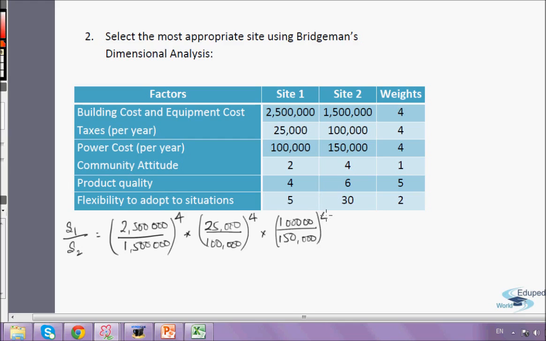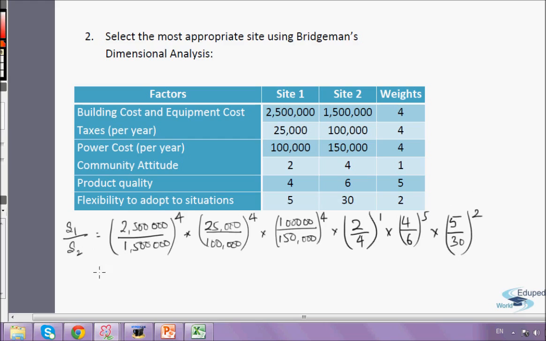Again, this also has a high weight of 4. This is multiplied by the next. Now you see that the first 3 are given in terms of the cost, whereas the next 3 are in scales. Okay, so next, community attitude is 2 over 4, and this has a weight of just 1. Next is 4 over 6 with a weight of 5, and finally we have 5 over 30 with a weight of 2.